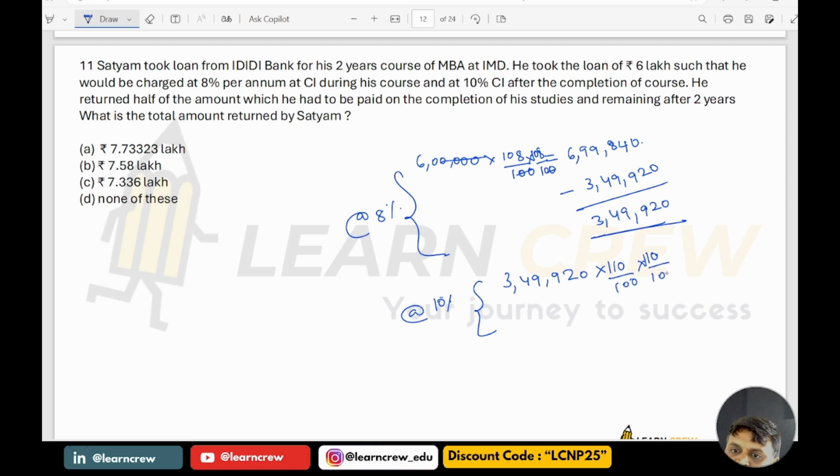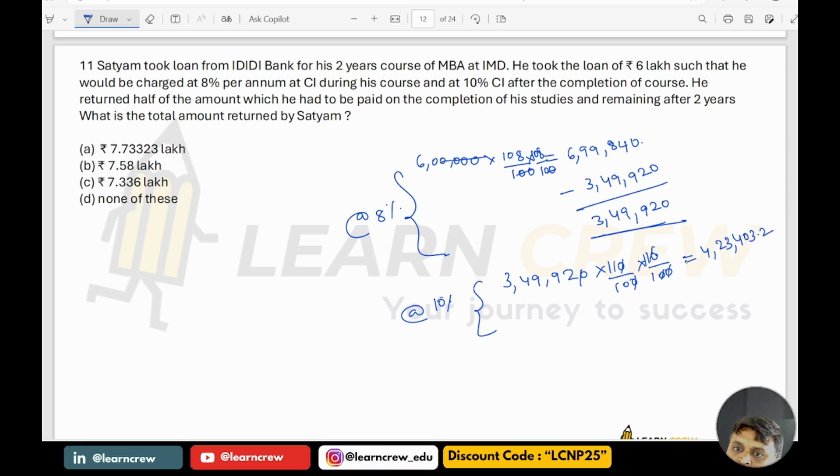So what will be the total amount? Here two zeros cancel, 0 cancel. So how much are you going to get? If you multiply 11 elevens are 121 into this one, you are going to get 4,23,403.2 because of dividing by 10.